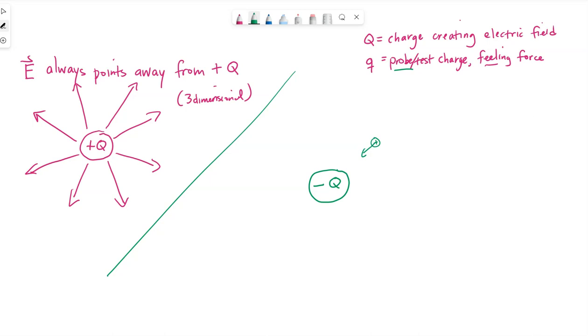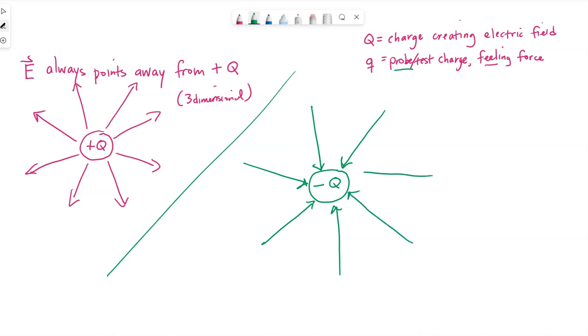The force would be towards this charge. That means the influence that this charge has on this region of space around it is these inward pointing electric field lines.